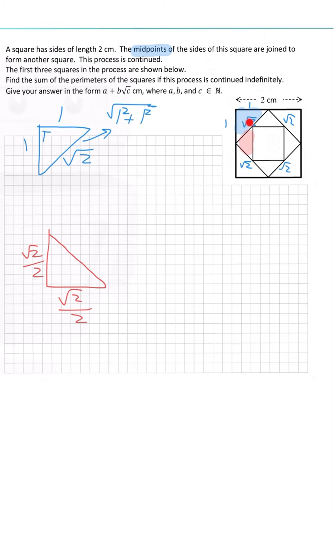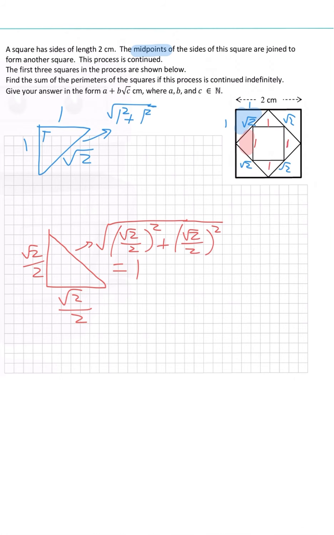If the length of that side of the square is root 2, half of it has to be root 2 over 2. So again, we're going to use Pythagoras for the hypotenuse. That'd be the square root of root 2 over 2 all squared plus root 2 over 2 all squared, and that will equal 1. So the sides of this square in the middle are 1, 1, and 1.